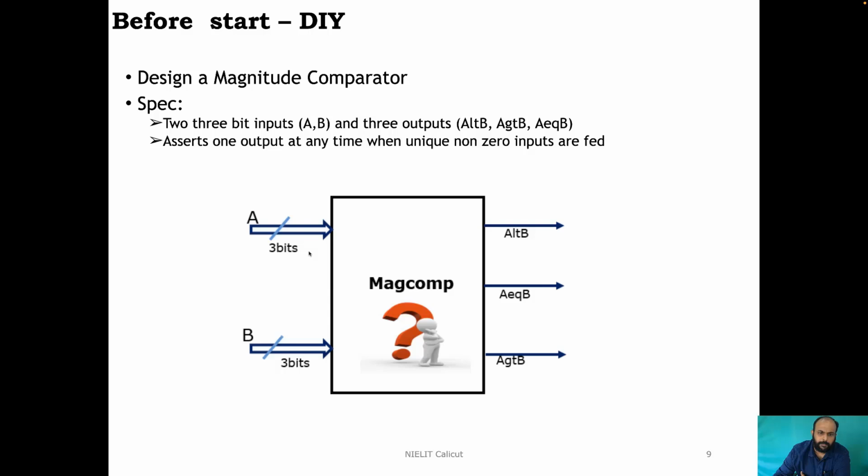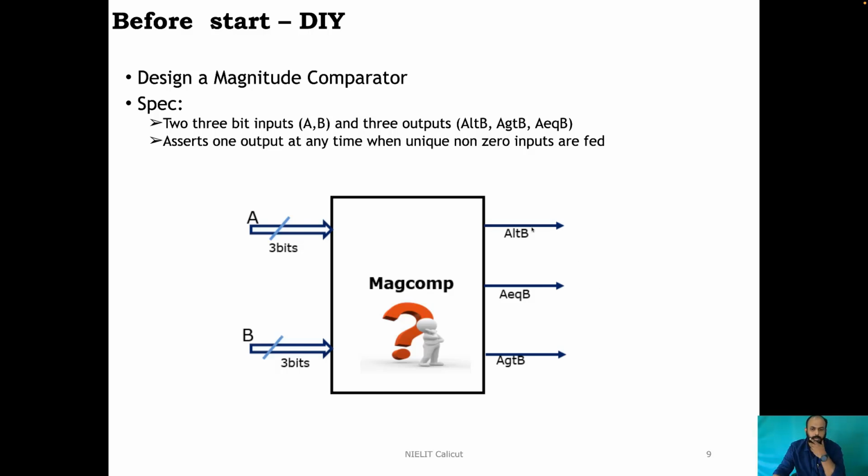When you enter A and B at any point of time, one of these outputs should be high and the rest should be 0, because when you give 2 inputs, either they are equal, or A is less than B, or A is greater than B. So depending upon what actual comparison this hardware makes, the output should come up. So this is a requirement.